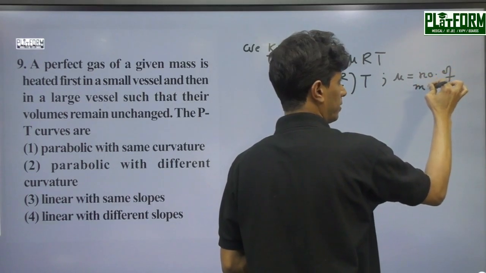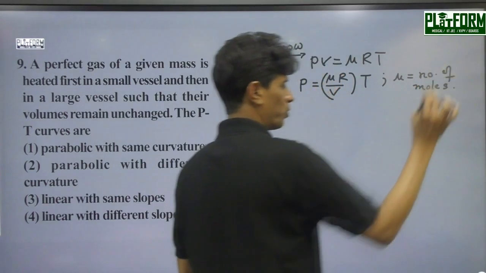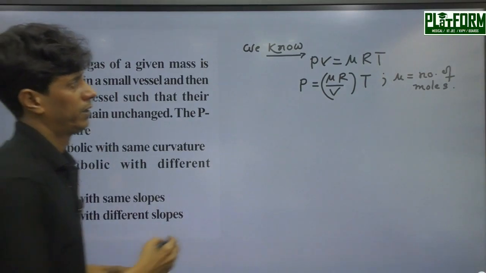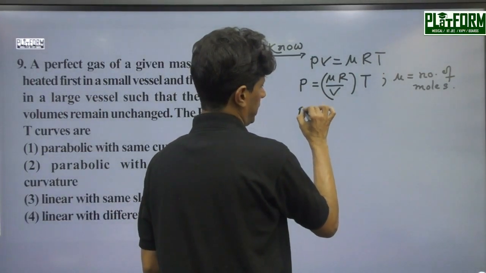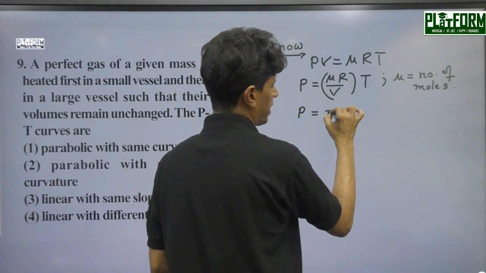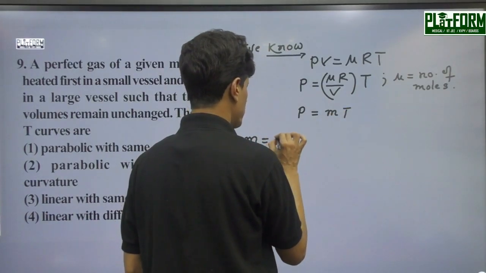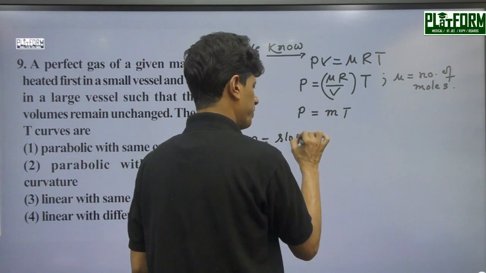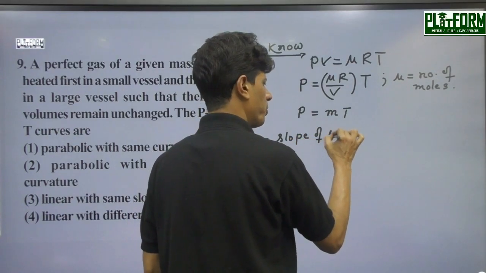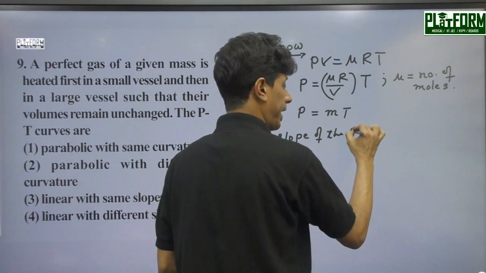P equals M into T, and M is the slope of the graph.